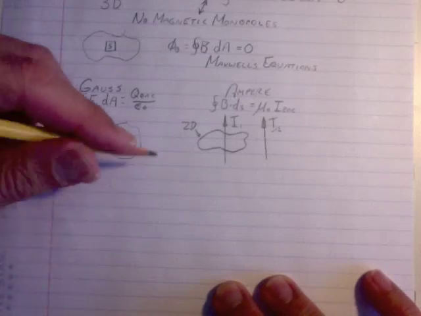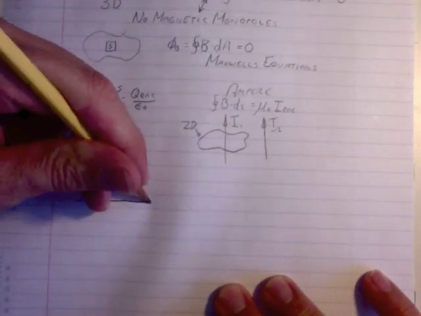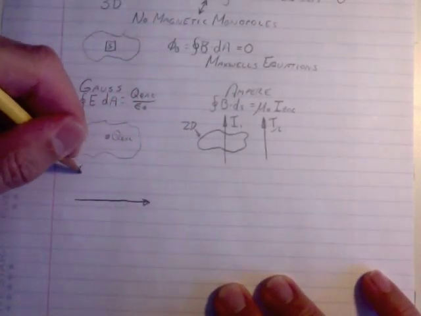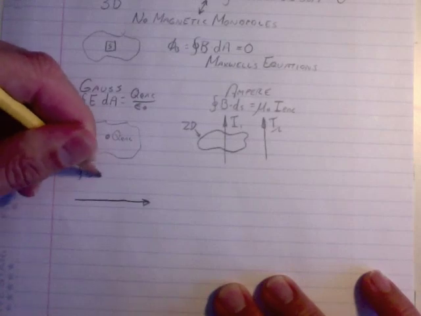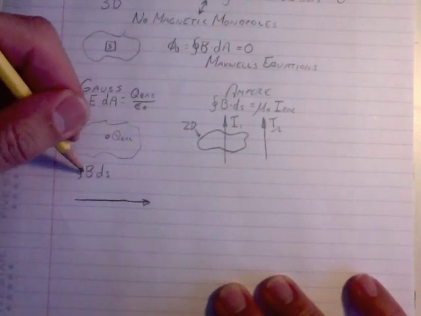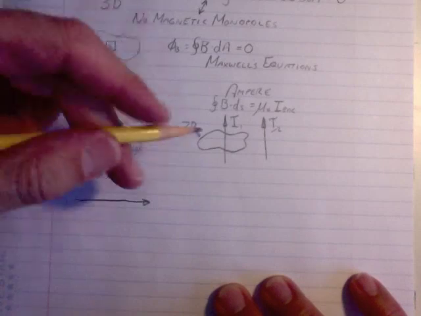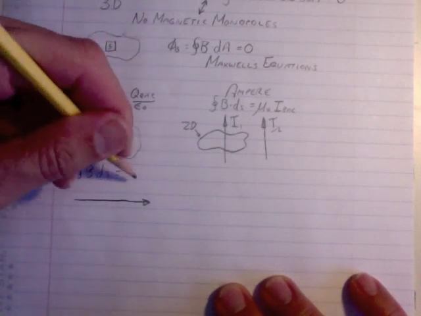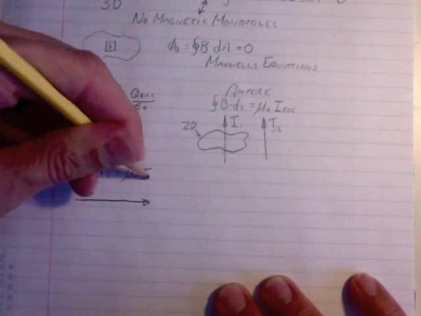Okay, here's my current-carrying wire. And I know the integral of B dot ds around that whole loop. Again, I'm going around a whole loop, not over a three-dimensional area there. It is going to equal mu 0 I enclosed.